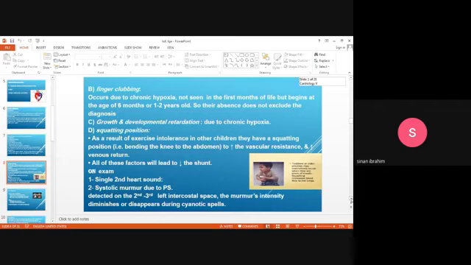Always they remember the VSD and say there is a pansystolic or holosystolic murmur, the new name, a continuous murmur from the first to the second heart sound. Previously, we called it pansystolic. Now the new name is holosystolic, the same.